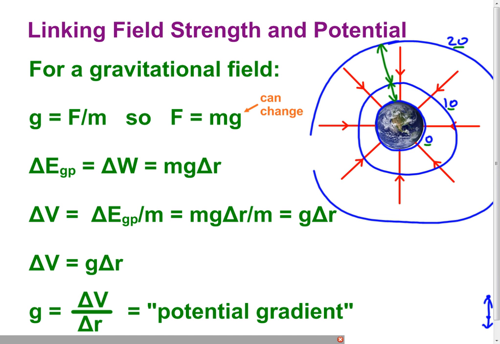You can imagine that out here, as the equipotentials get further and further apart as we're moving our test object, the potential is changing quite slowly. The potential gradient is low, the field strength is low. As we get closer to the surface, the potential is changing more quickly, the potential gradient is more, so the field strength is more.